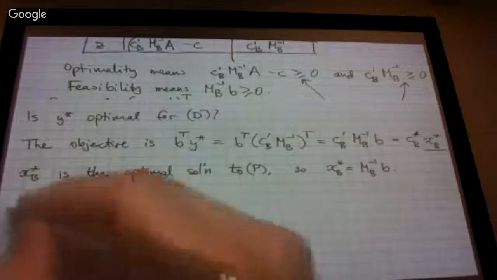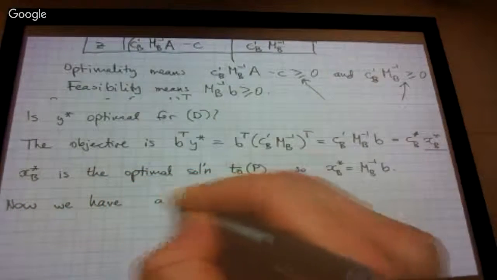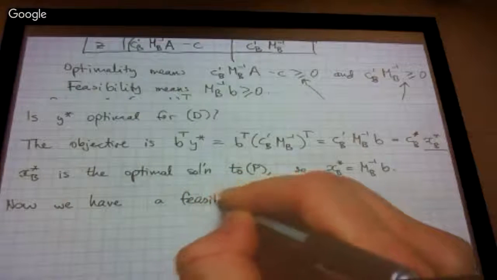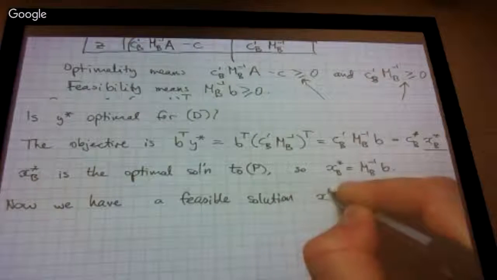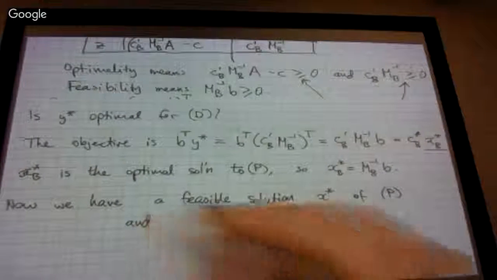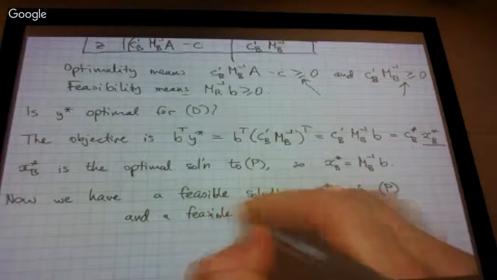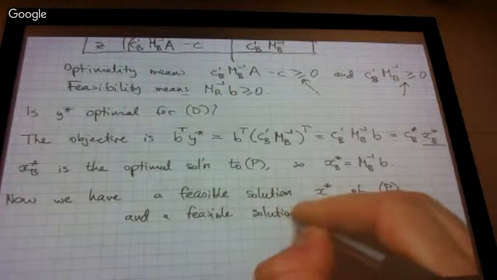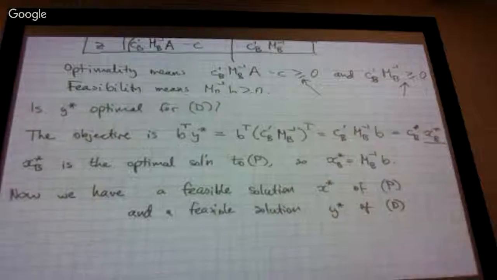So now we have a feasible solution of P and a feasible solution of the dual.